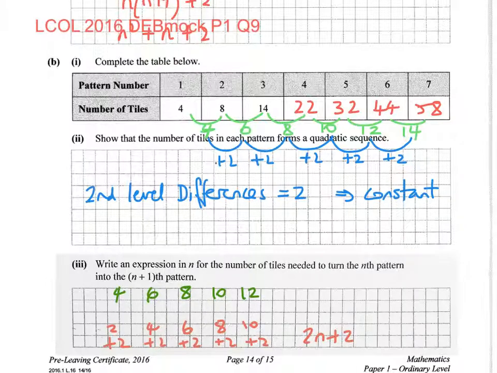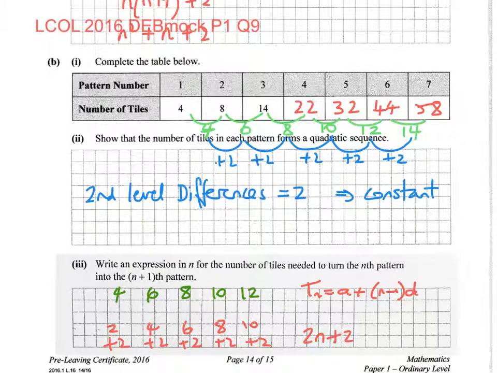You can use other methods to get that formula. You can use the classic formula for an arithmetic sequence, which is in the formula tables, where your first term a is 4 and your common difference is 2, and just substitute them in and you get the same answer. 2n plus 2 is the expression to describe what's going on there.